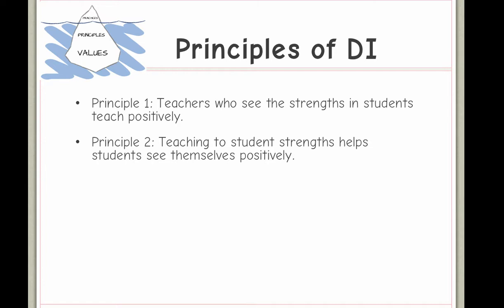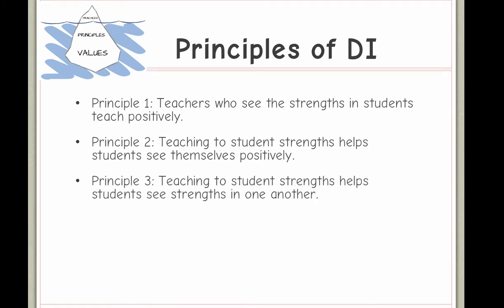Teaching to students' strengths helps students to see strengths in one another. That goes on with this community that we're building, that not only do we value our own way of learning, but we have respect for other students in our class and their way of learning. We don't look down upon students with a disability because we learn differently than they do.